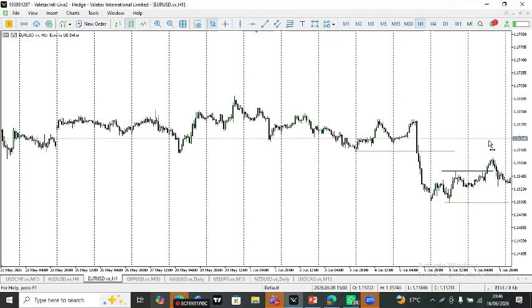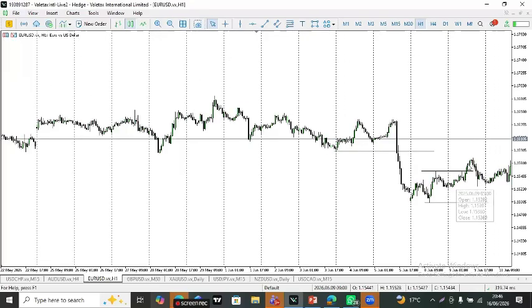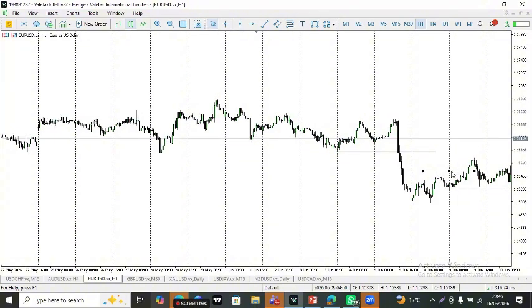So since we have a change of character, I'll need price to break below this low here in order for me to invalidate this bullish move to the upside. So there we go. We are now updating this low here, and we have a new high here. You can see we have a swing high there and a swing high there. Remember, a series of ascending highs. That is what we have.